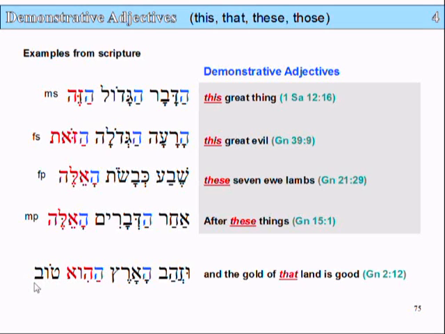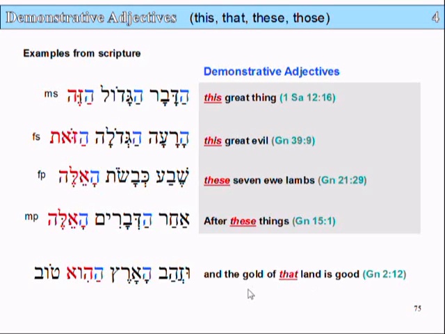So it's not tovim or tovot, it's tov, because we're not talking about the land, we're talking about the gold of the land. The gold of the land, she, is good. Or translated as that is good.